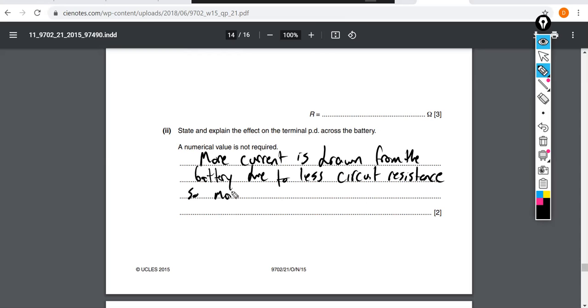So more lost volts means terminal PD will decrease. Right, we'll have less terminal PD because we have to subtract more lost volts away from the EMF. That's how we calculate terminal PD. 2 marks for that.